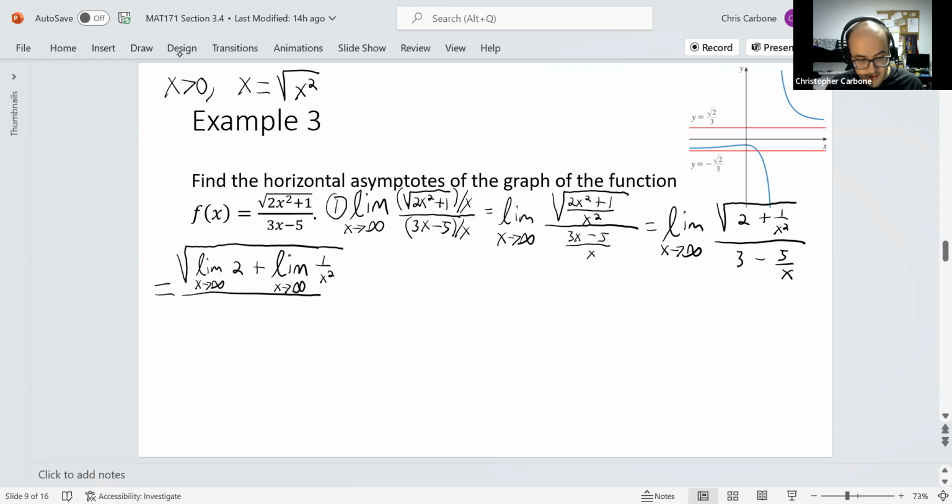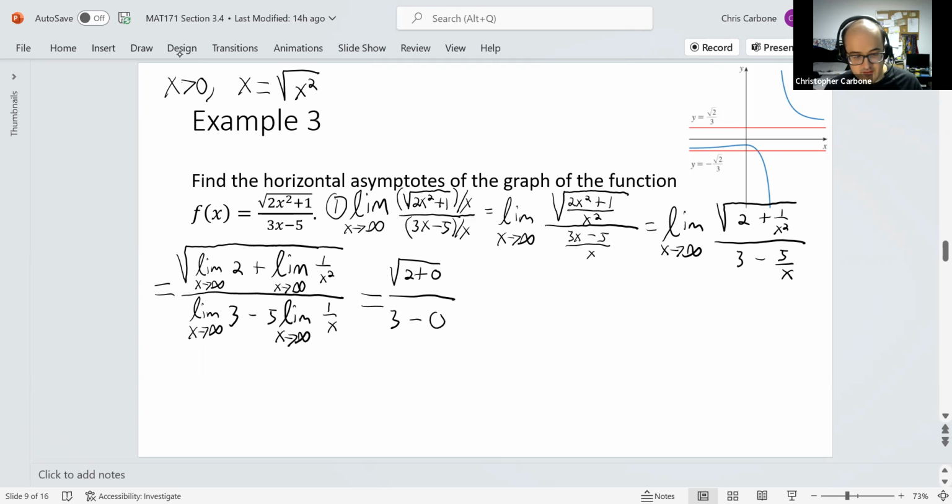We're going to divide that whole thing by the limit as x approaches infinity of 3 minus 5 times the limit as x approaches infinity of 1 over x. So from what we have, this would be the square root of 2 plus 0 divided by 3 minus 5 times 0, so just 0. This is the square root of 2 over 3, which is our first pink asymptote here on top.